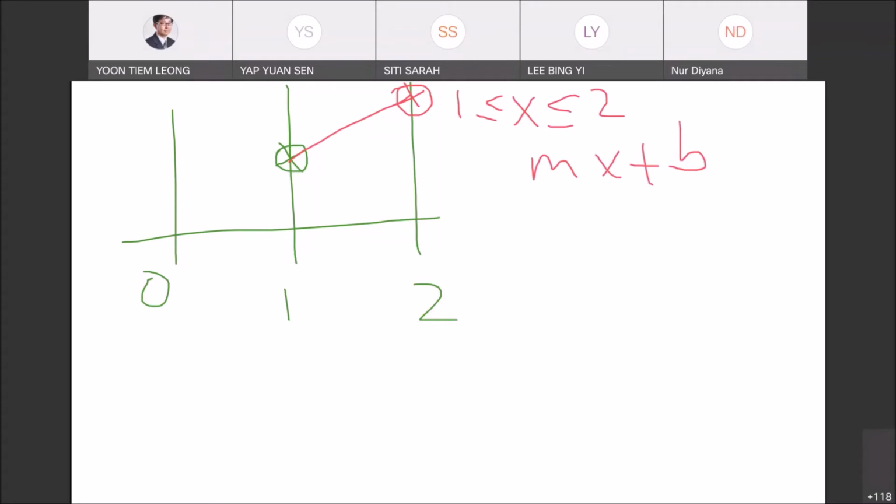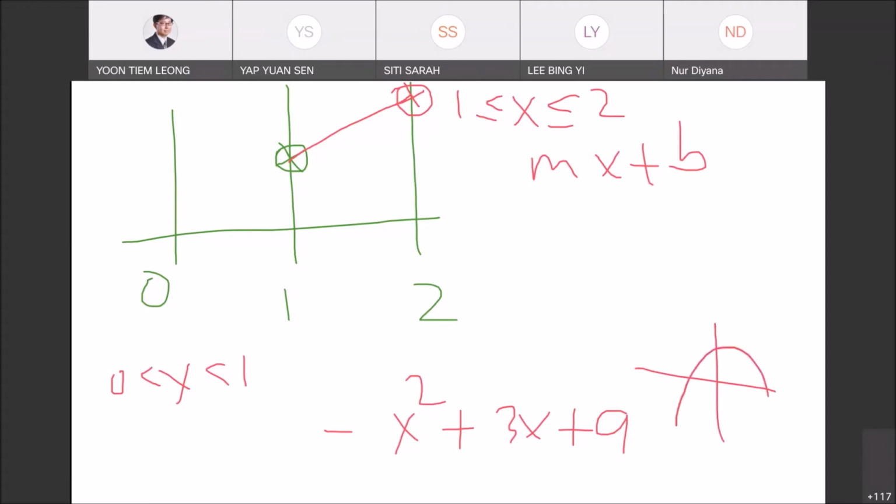And for x between 0 and 1, the function is a parabola, minus x squared plus a. If this is a parabola with minus x squared, the function should be something like this, right?